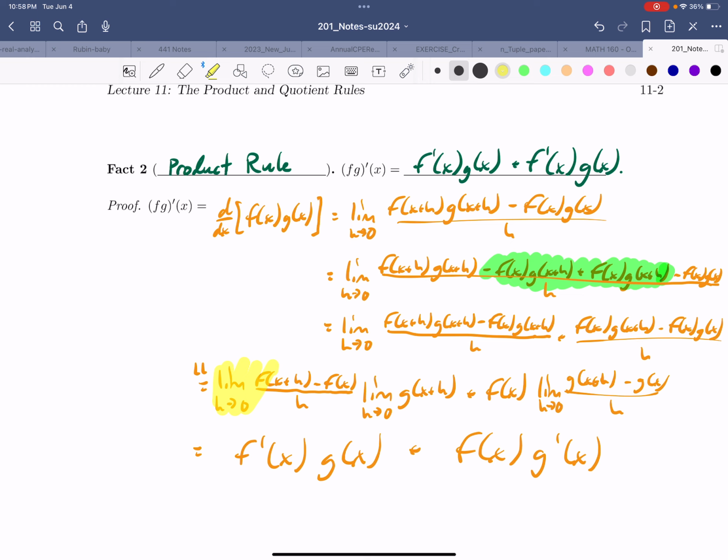This right here is f prime of x. This right here is just g of x, and we take the limit. This right here is f of x, duh. And then this right here is g prime of x. So we proved the product rule.